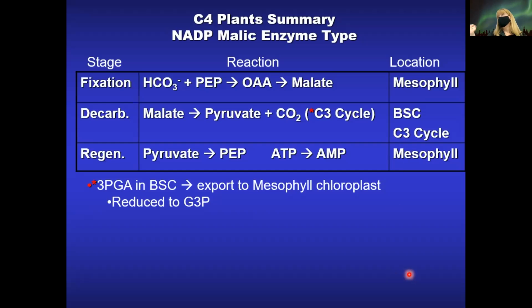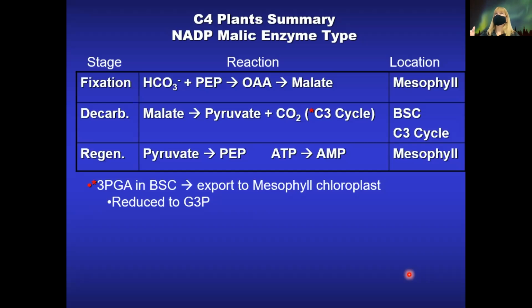Where's the plant getting all this lovely ATP and NADPH? What process? The light reactions? Yes, thank you. The light reactions. All right, so that's where it's getting the lion's share of ATP and NADPH. It's cranking out the light reactions.